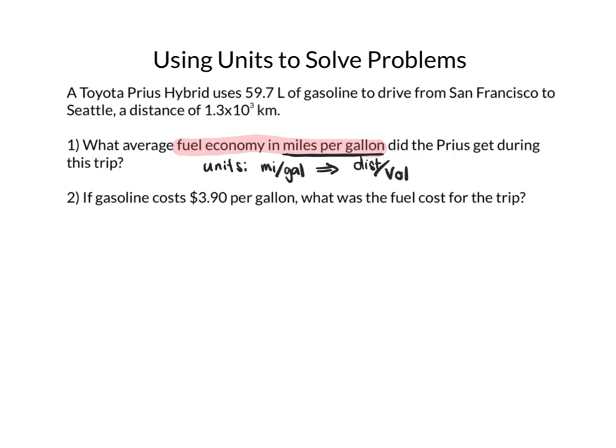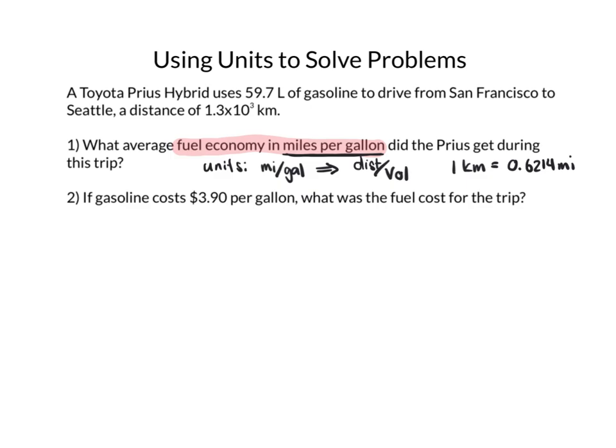So I'm going to need to know a conversion factor between miles and kilometers. And if I look up a conversion factor, I can see that 1 kilometer is equal to 0.6214 miles. And I'm going to need a conversion factor between liters and gallons.